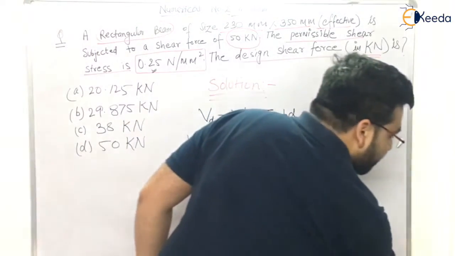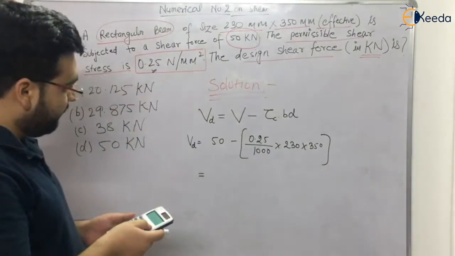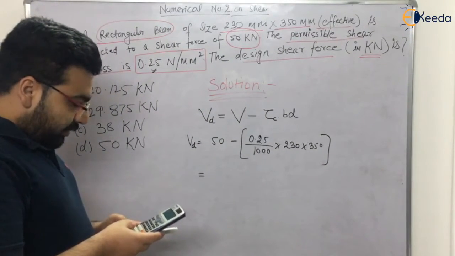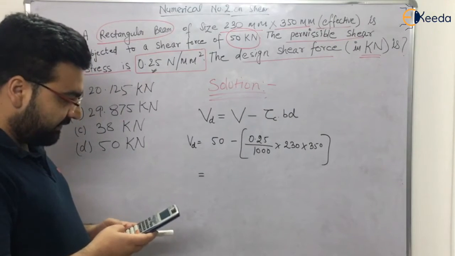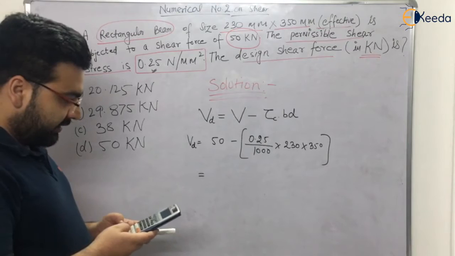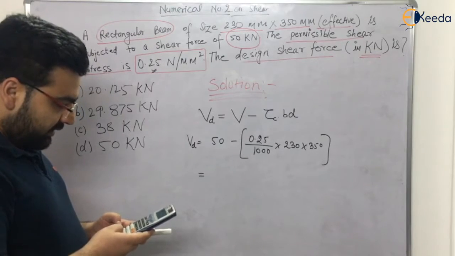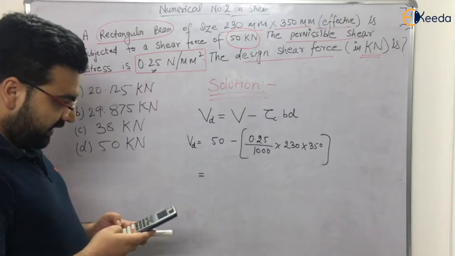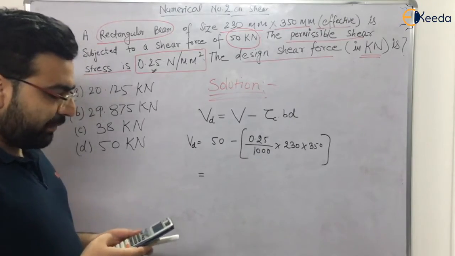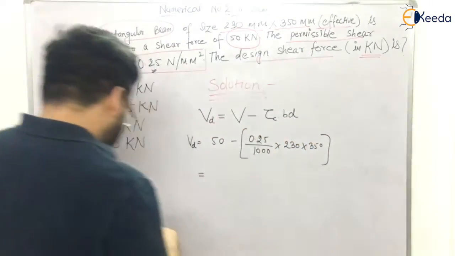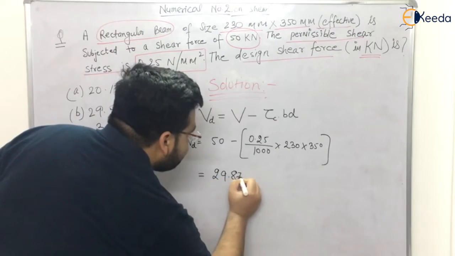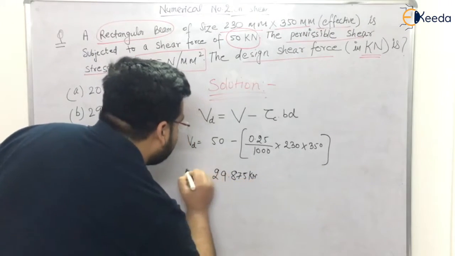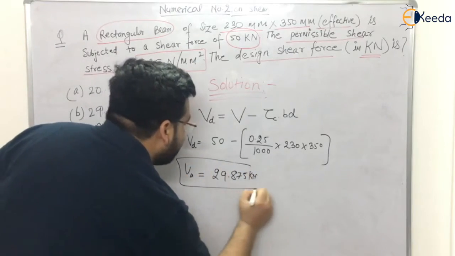It will be equal to 0.25 into 230 into 350 divided by 1000, and minus 50 into minus 1, 29.875. 29.875 kilonewton is the design shear force.